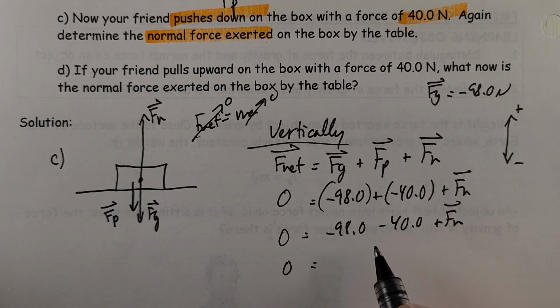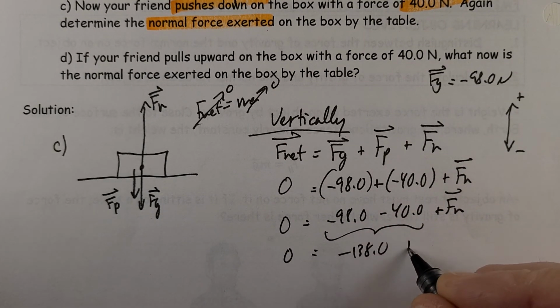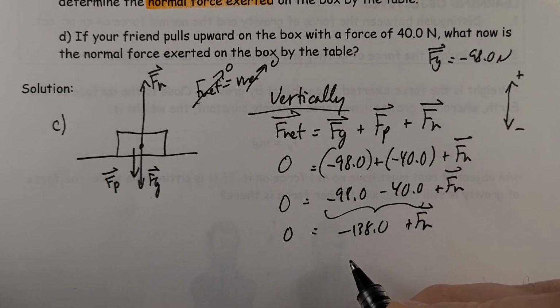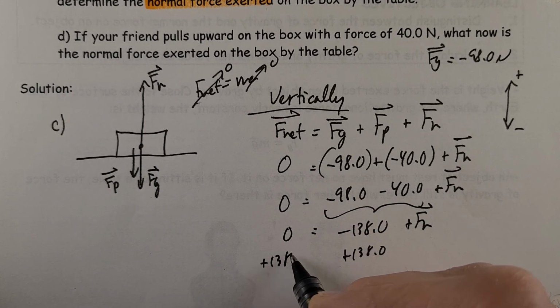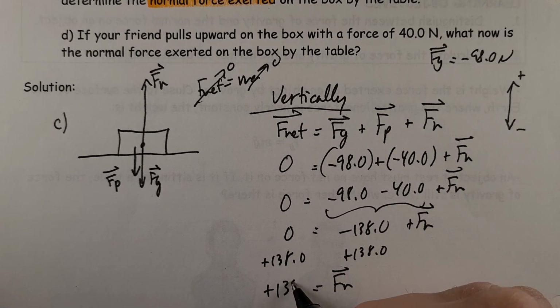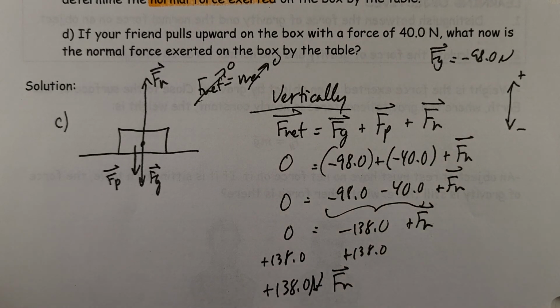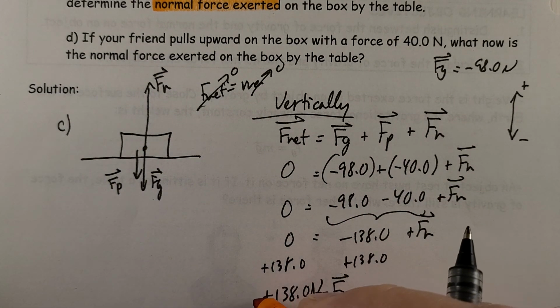So if I combine these two, that of course gives me negative 138 plus Fn. So then just simply add 138, add 138. So my Fn is going to be equal to plus 138 newtons. I kind of went over my equal sign there, but there we go.